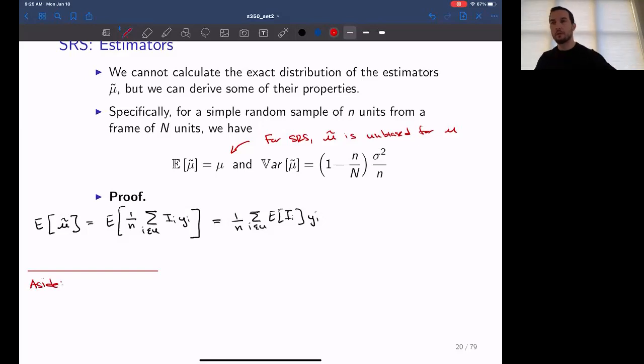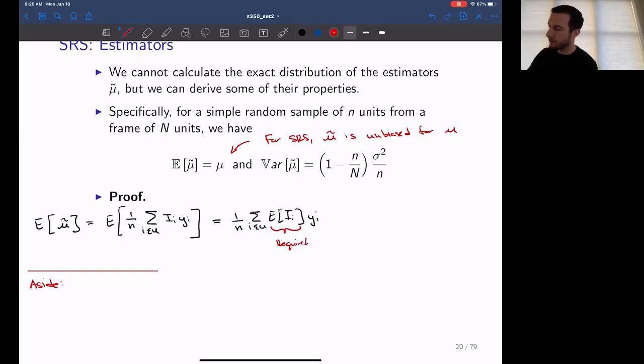Now we need to work out the expected value of I sub i. It's a fairly easy calculation, but let me break it down into steps.